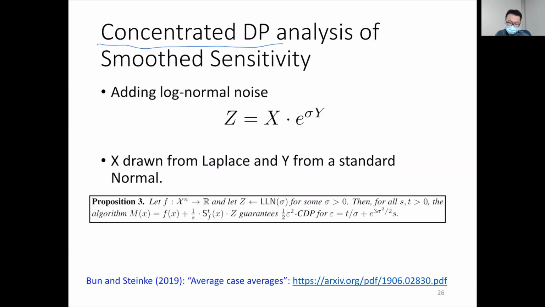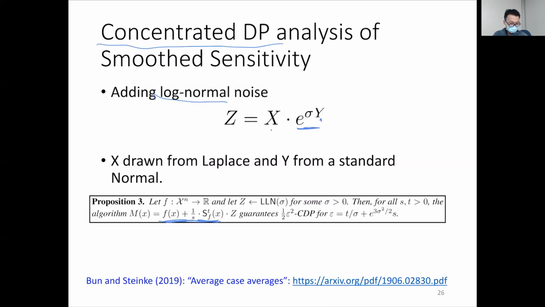So the noises are actually quite simple. We can generate the noise that we add to the query according to smooth sensitivity by a product of two noises. The first noise x is drawn from a Laplace distribution, and this y is drawn from a Gaussian distribution. It's called log normal because the log of e to the power of y is a normal distribution.